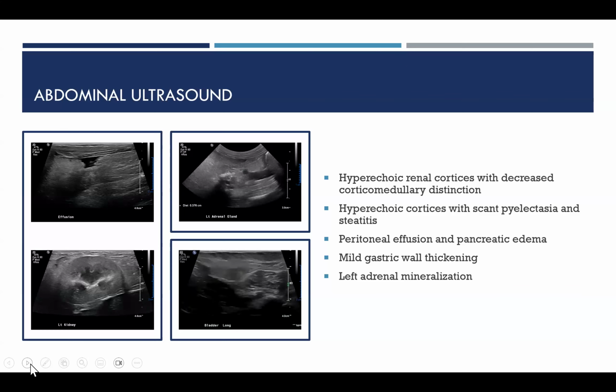There also looked like mild gastric wall thickening, and they saw some mineralization in her left adrenal gland. So we have some images here showing the effusion, a small collapsed bladder, mineralization in her adrenal gland, and one cute little image of her left kidney.